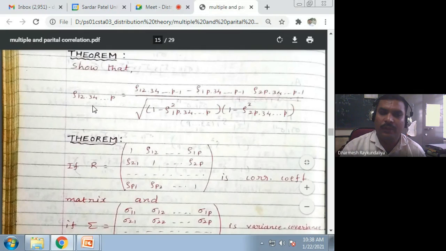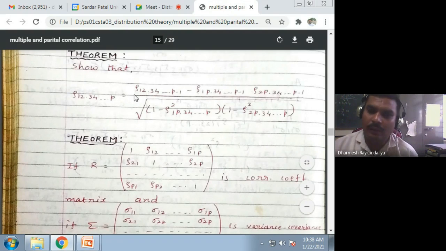So what is the formula? If you wish to find the partial correlation between x1 and x2 when x3 to xp are fixed, and it is known that the partial correlation between x1 and x2 when the other variables are fixed except p, and the partial correlation between 1 and p, and 2 and p, when others are fixed, then by using this relation you can obtain the partial correlation between x1 and x2.